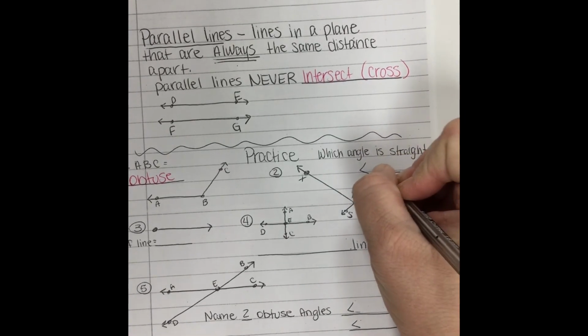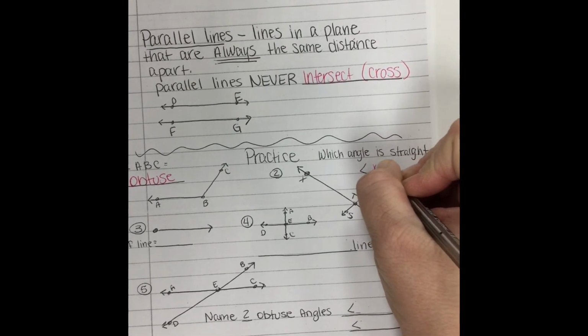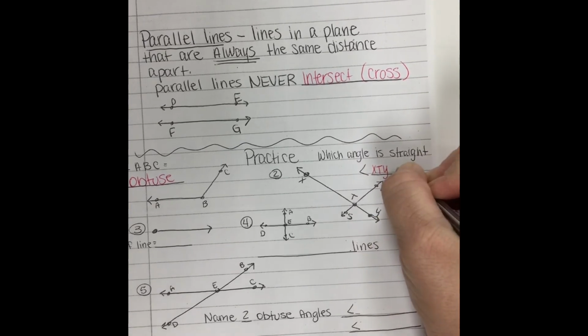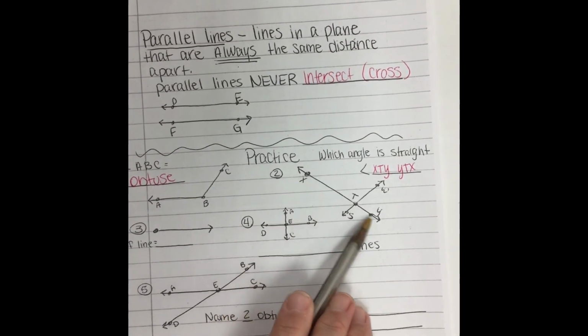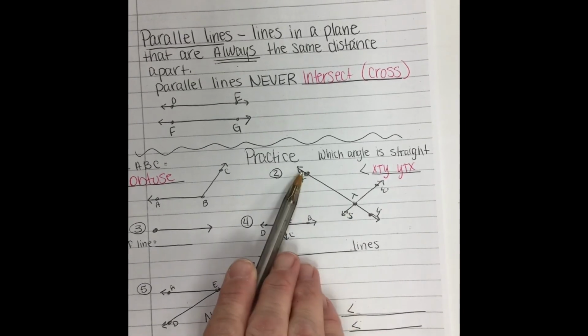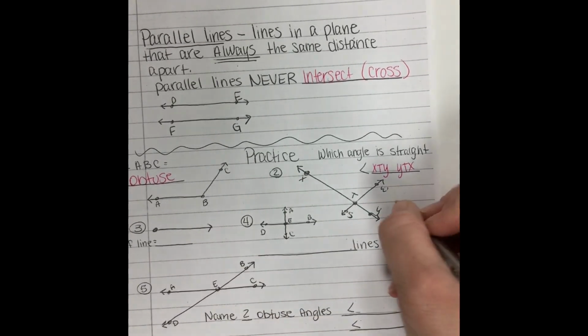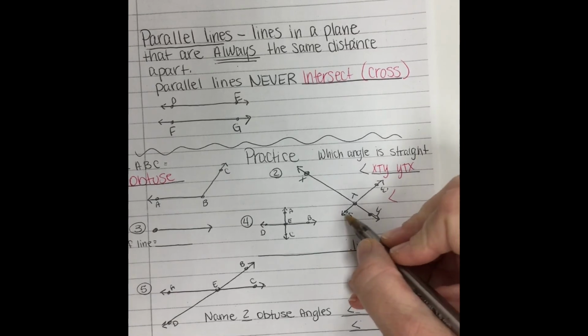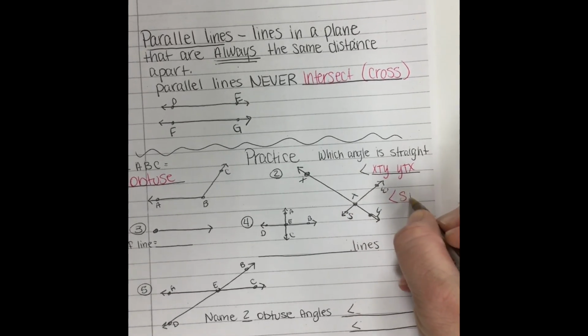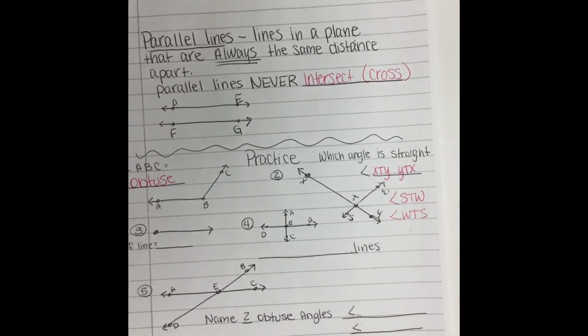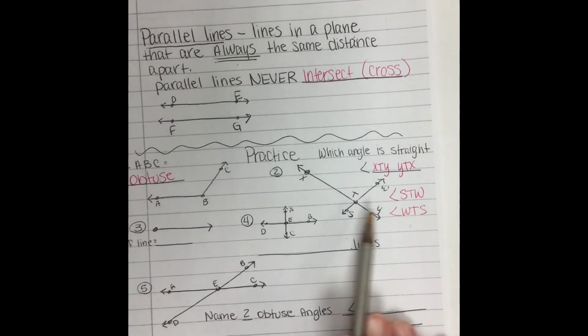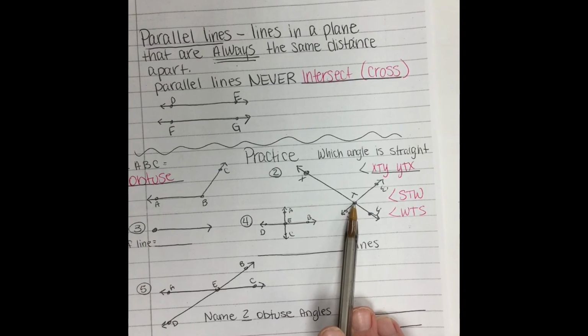Okay, so angle XTY, or you could have said YTX. It doesn't matter which order. XTY or YTX. That's that one. Okay, then the other one was STW, or you could have said WTS. It doesn't matter the order as long as the T is in the center because it is the vertex.